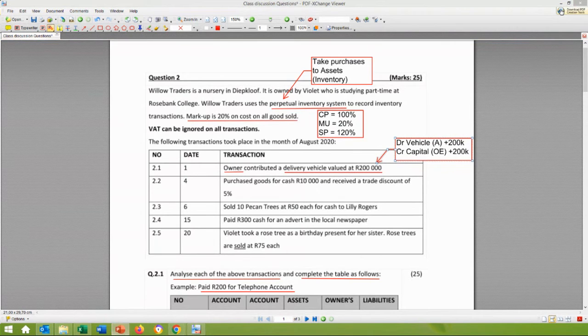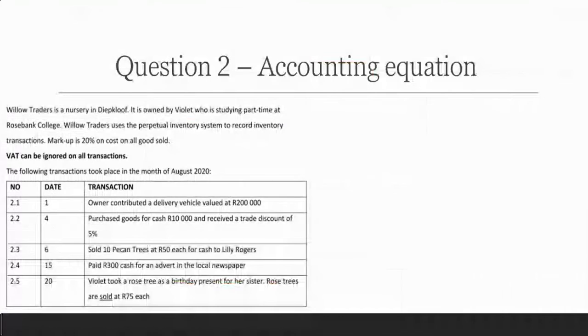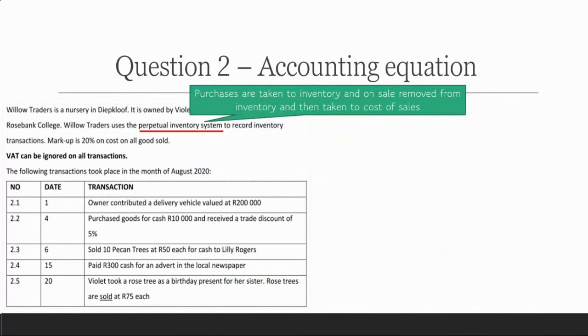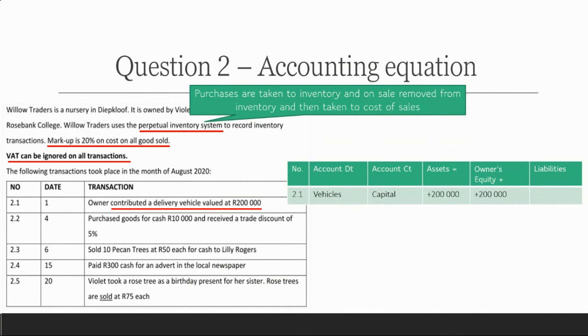So let me quickly share that first slide. Okay, so for the first transaction, we would have debit vehicles, we would have credit capital, we would increase assets by 200,000, and we would increase owner's equity by 200,000.